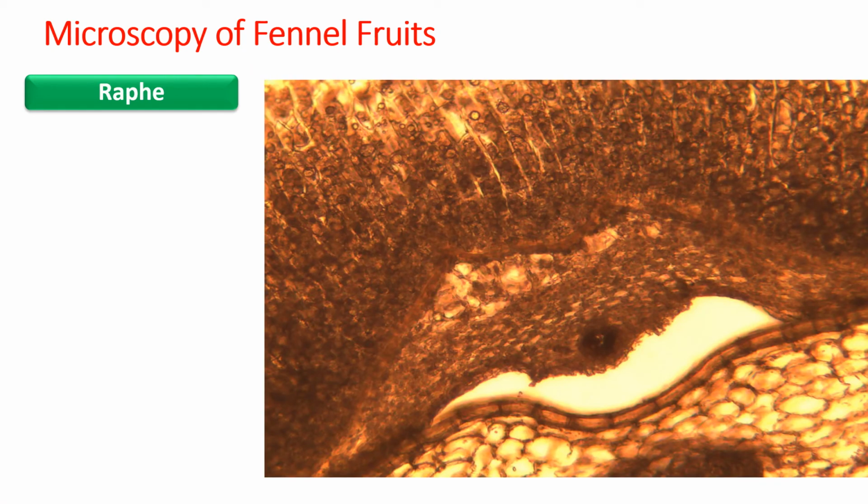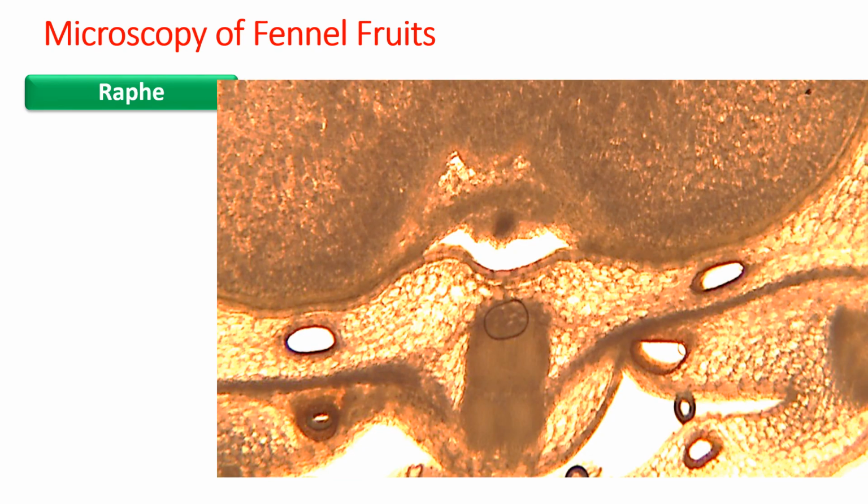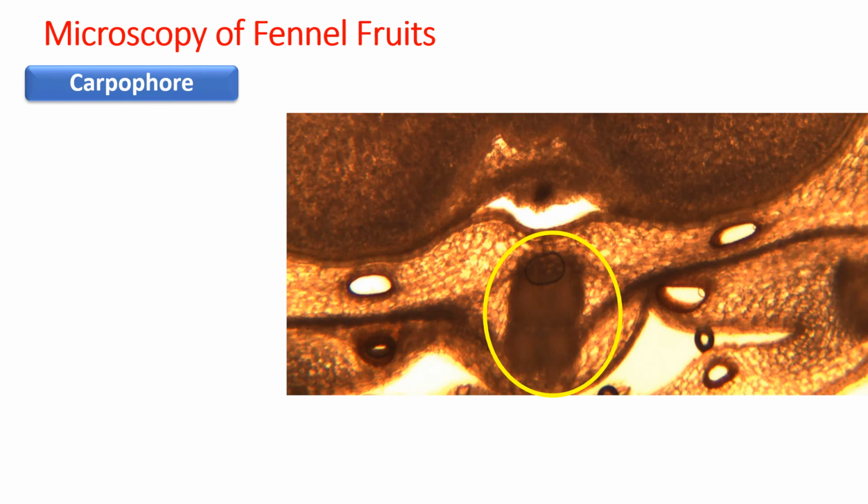About the raphe, raphe is an additional vascular bundle which is located at the center. Now this is the raphe, and these are the two different mericarps joined to each other. About the carpophore, this carpophore is a joint or connection that joins the two mericarps.